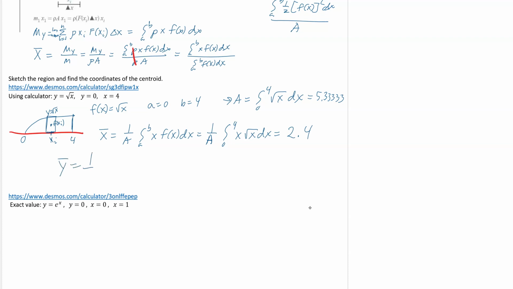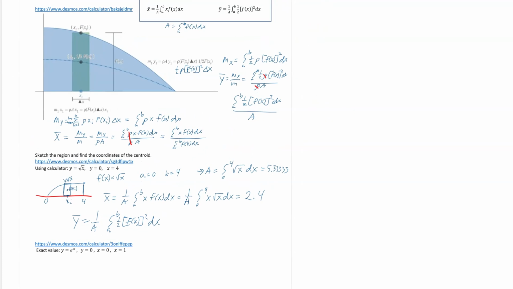So y bar is 1 over A, integral from a to b, and then this one is our f of x. So we have a 1/2 f of x squared dx. And again, that one happens that way because it's the area times the y coordinate, right? That's all it is. So we get the delta x f of x times 1/2 f of x. So you end up with 1/2 f of x squared delta x.